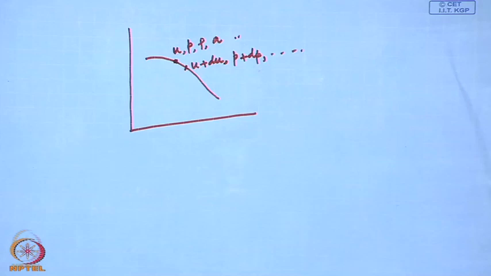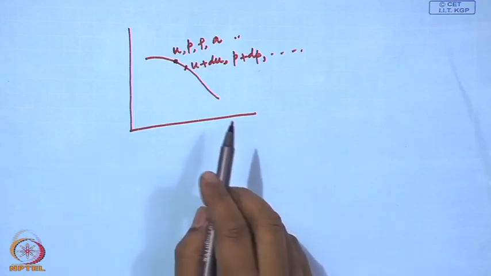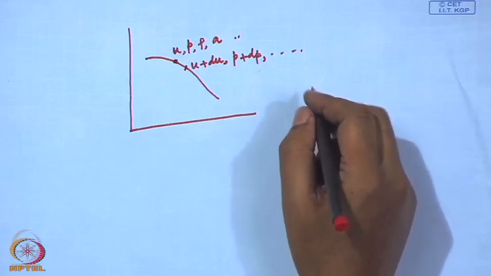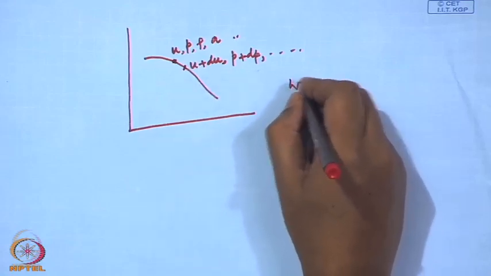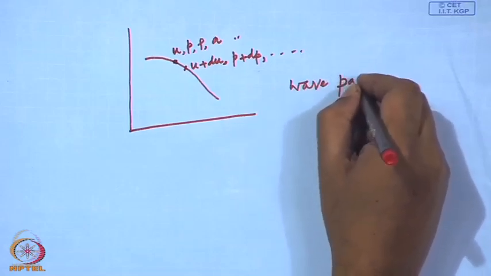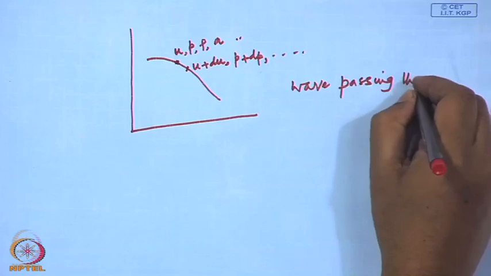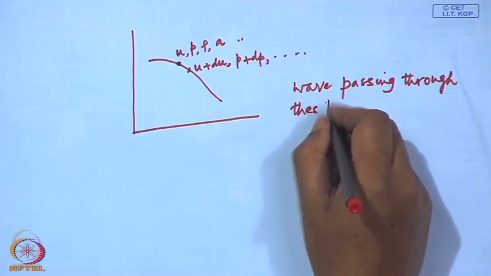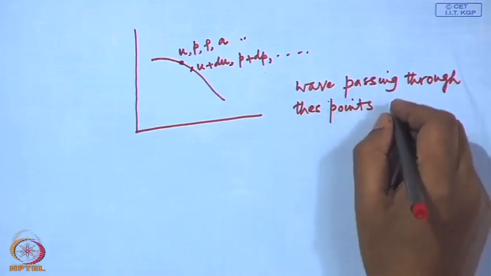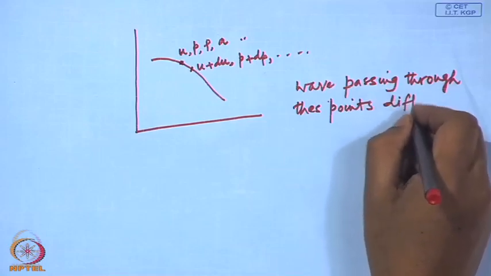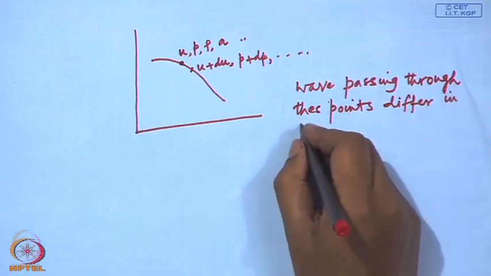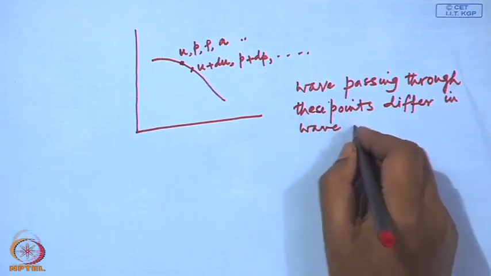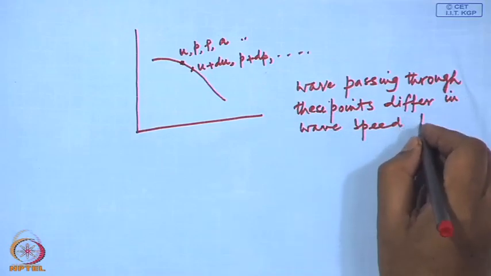Now, the respective parts of the wave that is passing through these points also differ in wave speed by an amount dc.